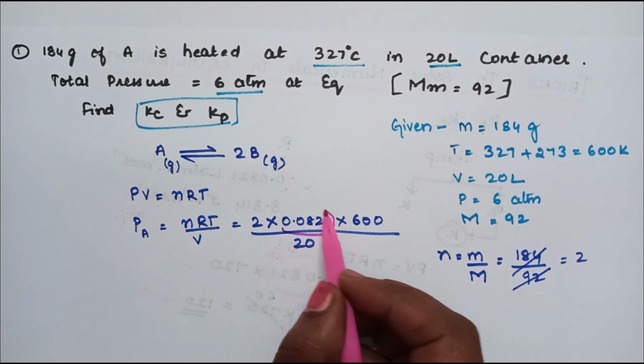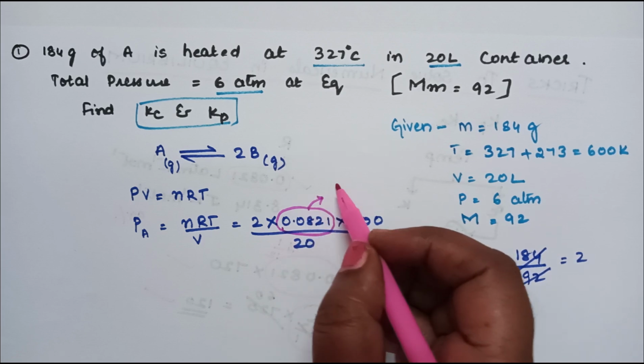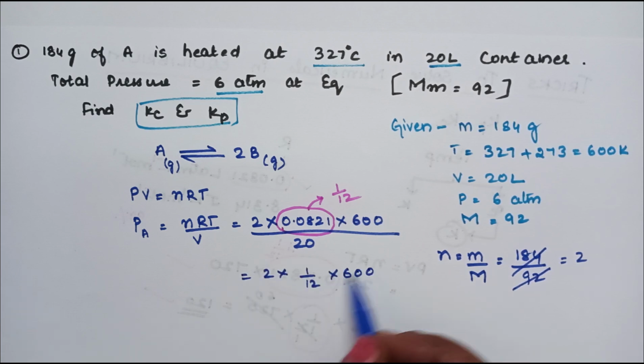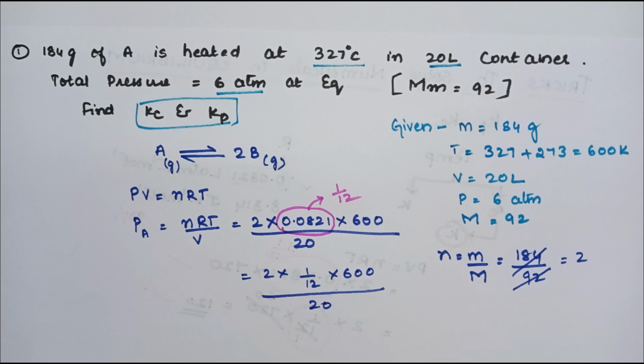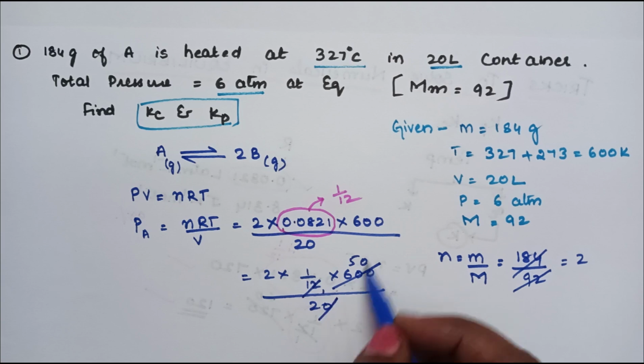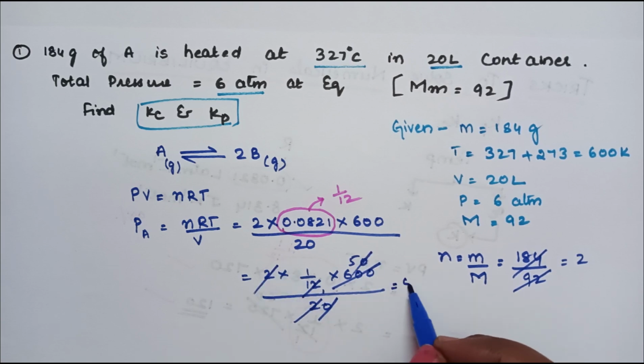Instead of 0.0821, we will be using 1 by 12. Substitute 1 by 12: 2 into 1 by 12 into 600 divided by 20. Is it simple to cancel? 12 fives are 60, 0 and 0 get cancelled, 2 gets cancelled. So you will be getting 5 atmosphere as the answer. See how simple it is.